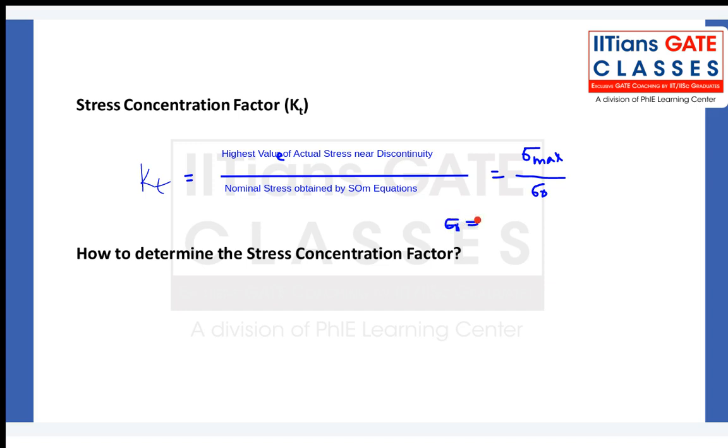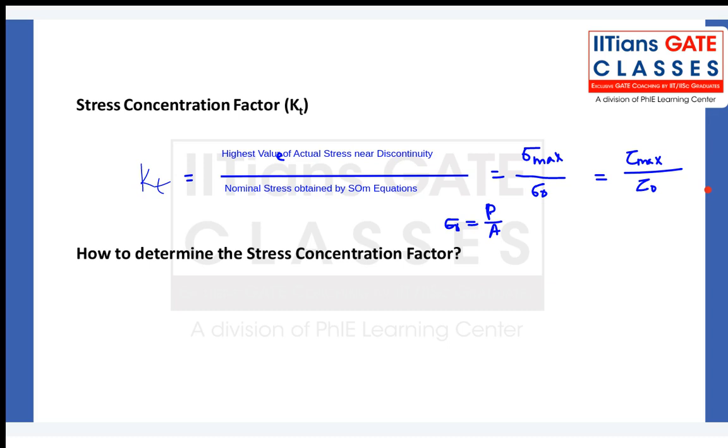Sigma naught can be simply given by force divided by area. Sigma naught is the nominal stress, which we generally obtain by the equations of strength of materials, and sigma max is the maximum value of stress near the discontinuity. Similarly, you can also give it for shear stress. We can say tau max is the maximum stress near the discontinuity divided by tau naught, which can be calculated using the equations of strength of materials.